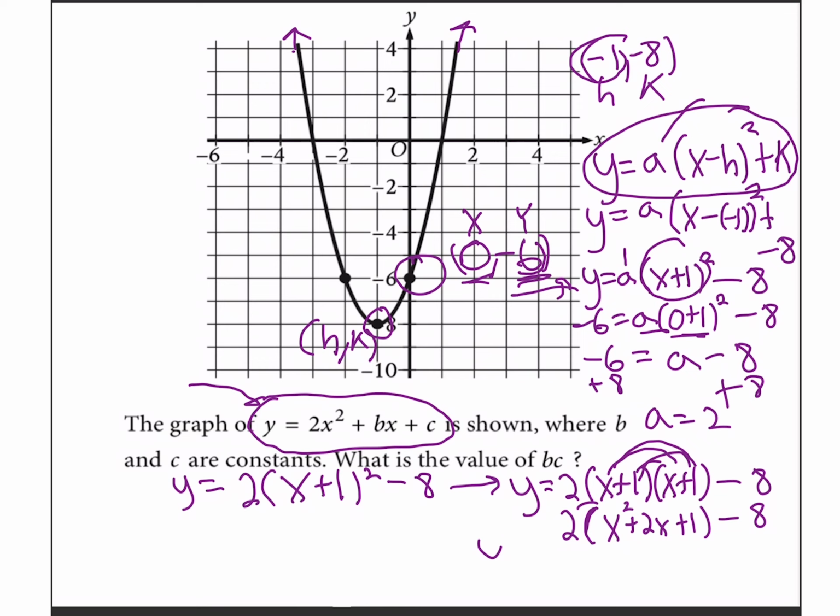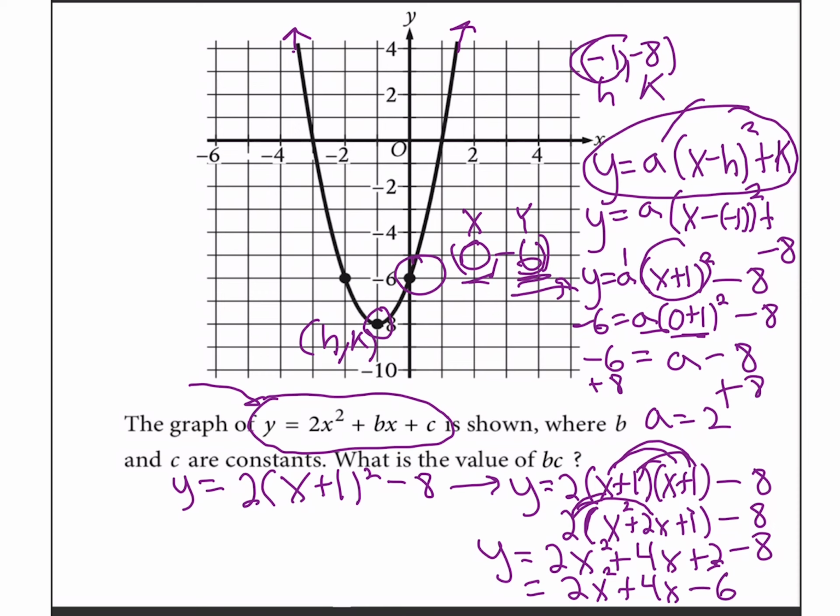So again, I have y is equal to 2x squared. 2 into this term means I have plus 4x, and then the 2 into the last term means I have plus 2. And then I have that -8. So simplifying right now, I get that the y is equal to, I have the 2x squared plus the 4x, 2 and -8, I have a -6, okay?